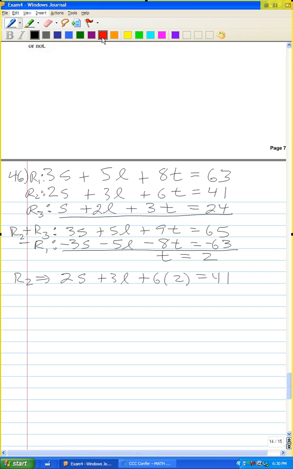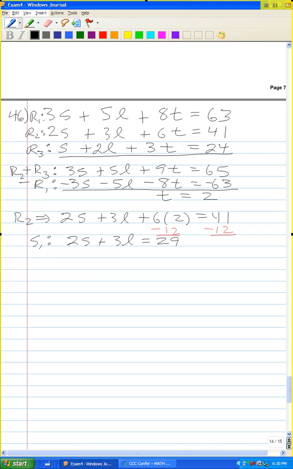Subtract 12 from both sides of your equation, and so I get 2S plus 3L is equal to 29. Call that S1, I guess.